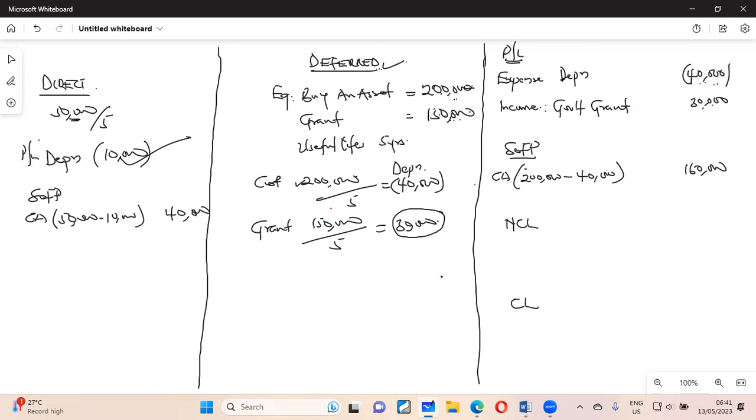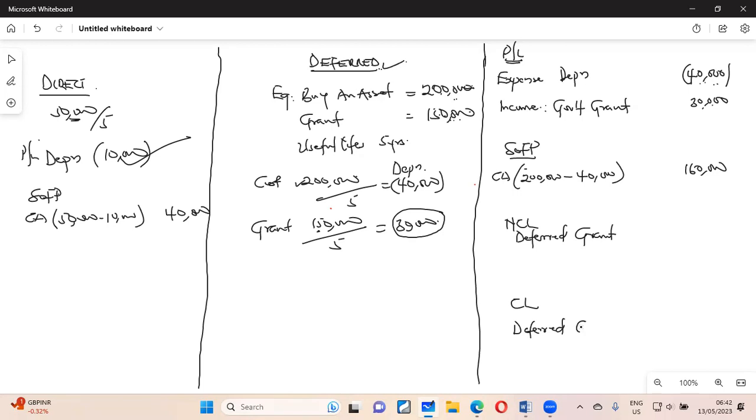What are you going to be putting there? It is the balance of the grant. You see, the thing is 150. And so therefore, there is deferred grant. We can just bulk the thing all under NCL and put 120.